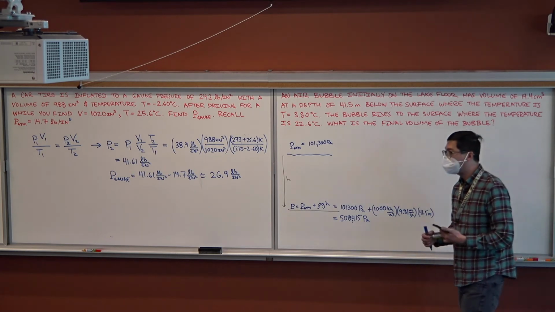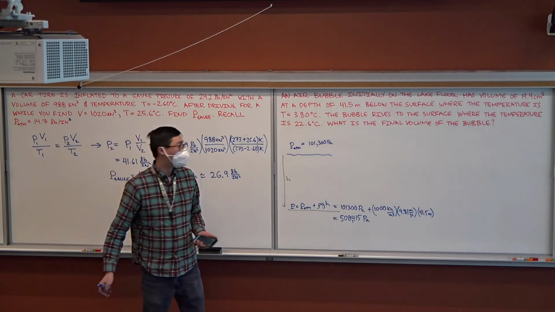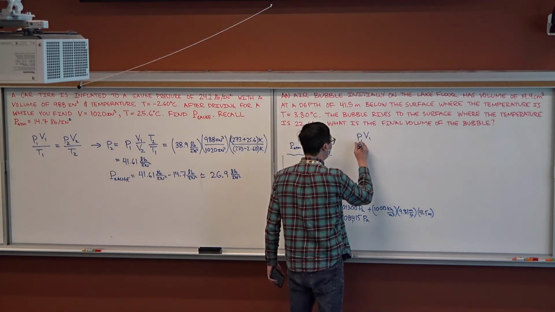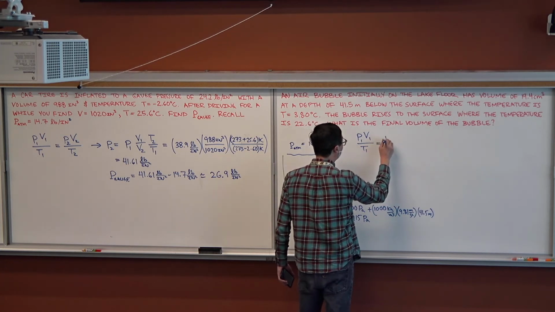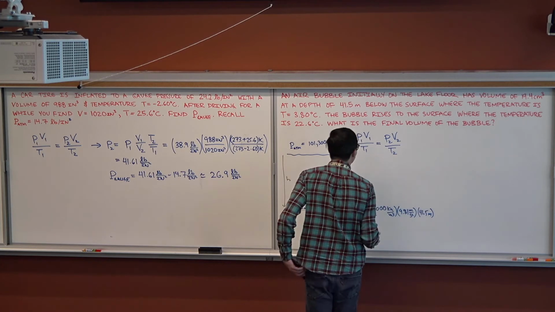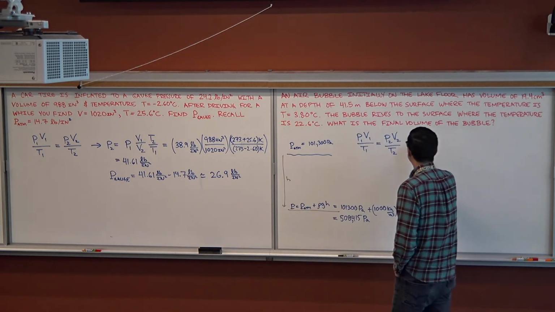Okay, so now what? Now it's just like the other problems, right? We have P1 V1 over T1 equals P2 V2 over T2. And what were we looking for? Volume?